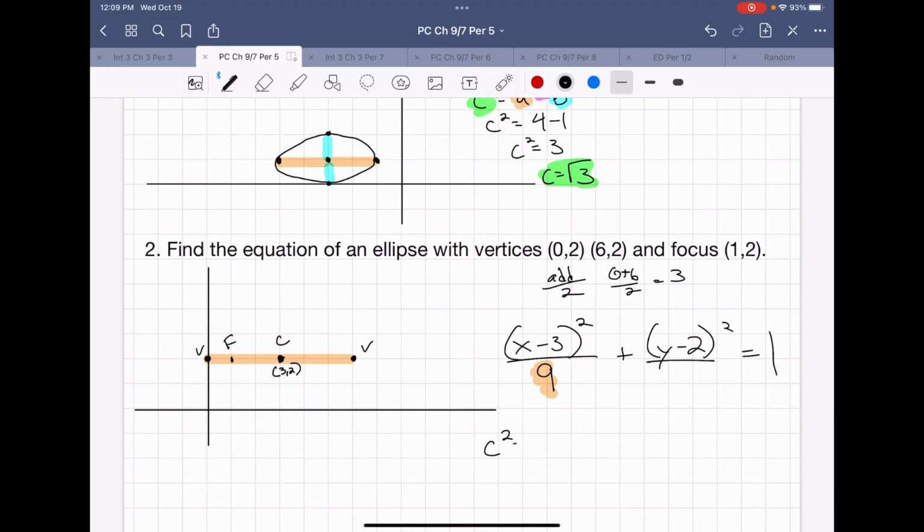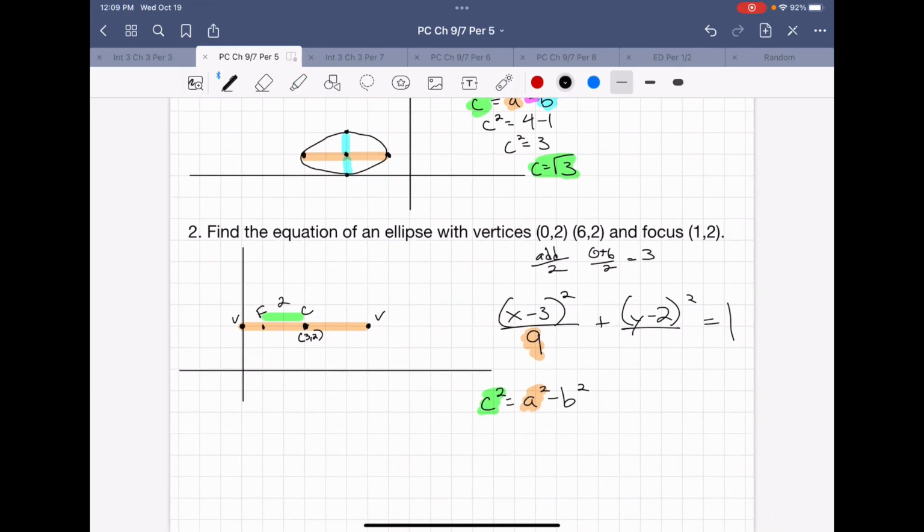Our C equation, we know A, and we can see this distance from center to focus, that's C, that's 2. 2 squared equals, we already know A squared minus B squared.